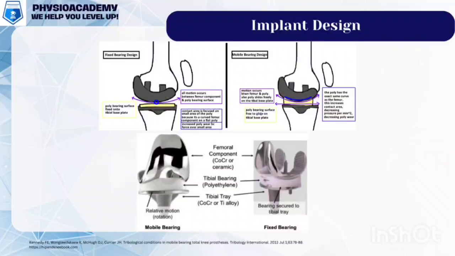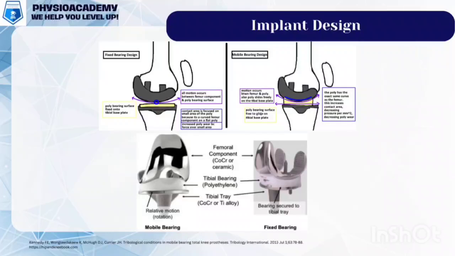As you can see, on the left side of the diagram is a fixed bearing design, and on the right side a mobile bearing design. In the fixed bearing design, the femoral component will have motion with the poly component, but it is not curved, so the motion will be limited.